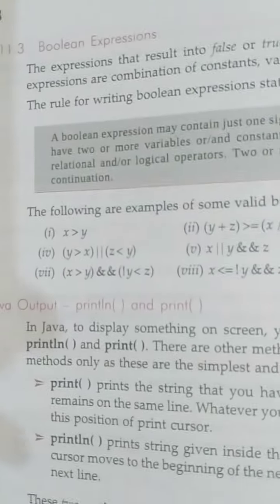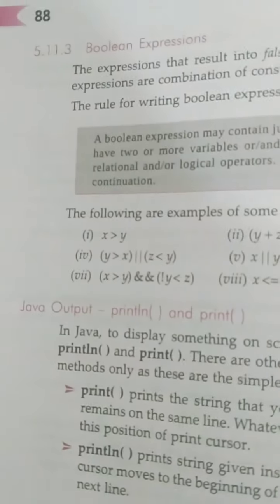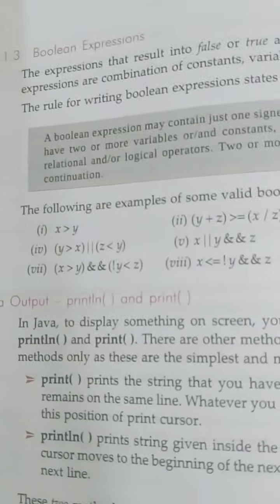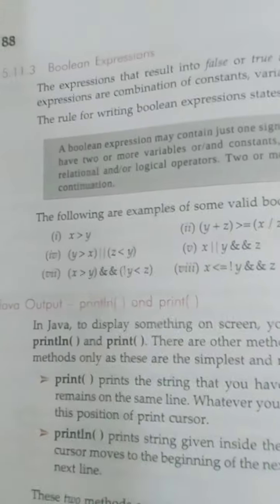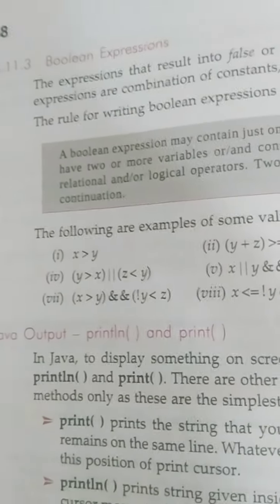Next, moving to Boolean expressions. What is a Boolean expression? Now we have learned arithmetic expressions, which contain two kinds: pure expression and mixed expression. In pure expressions, the operands are of the same type, that is integer, or double. And what is a mixed expression? The operands are of mixed type: integer, float, double, anything can be there.